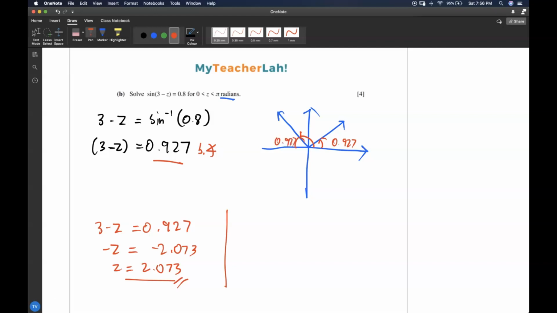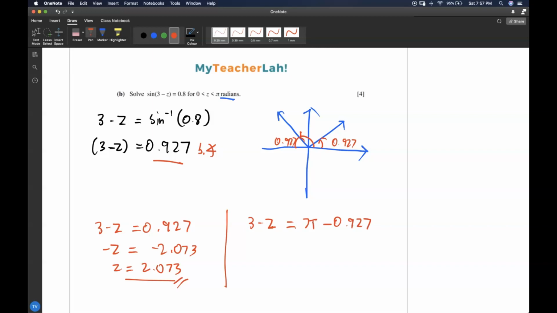Right, so this guy should be 0.927. Okay, so what do I need to do? So the first thing I need to do is take 3 minus z. Sorry about that, it looks like a 7. Okay, so the entire thing is pi, right? So in order for me to get from here to here, I need to take pi minus this angle. So I take pi minus 0.927.